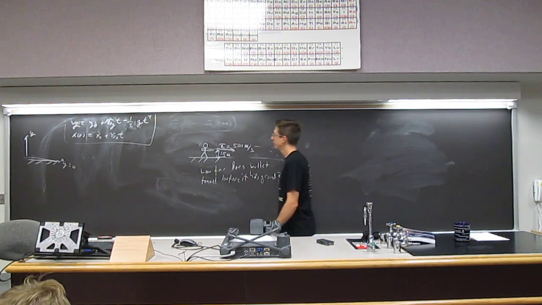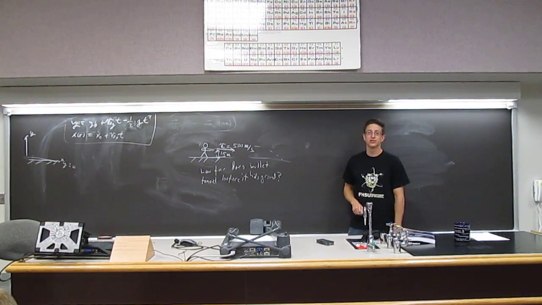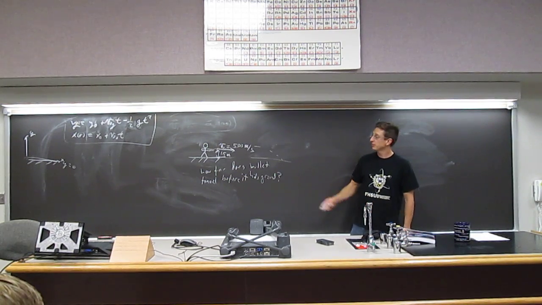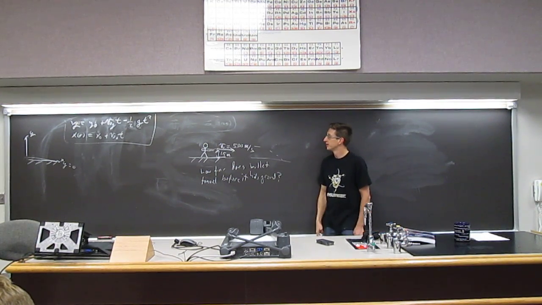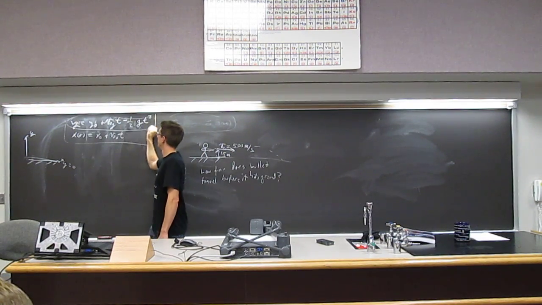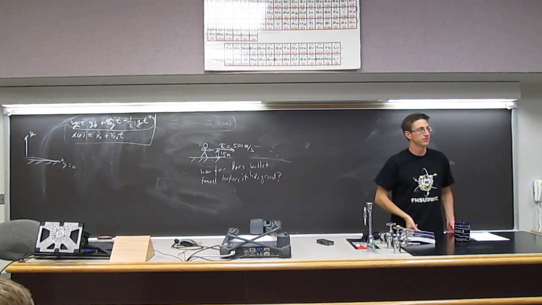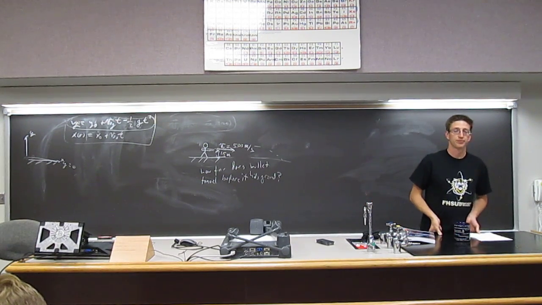And so what we could do is just apply the kinematic equations to this. The time in the air before it hits the ground, that's going to be determined by the y equation. Because when it hits the ground, y is 0. That's the condition.